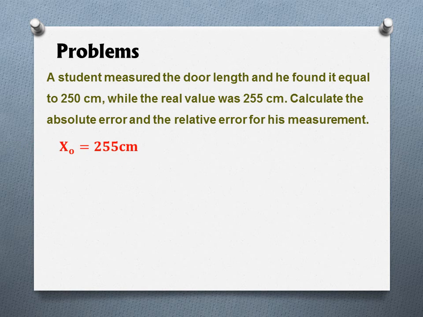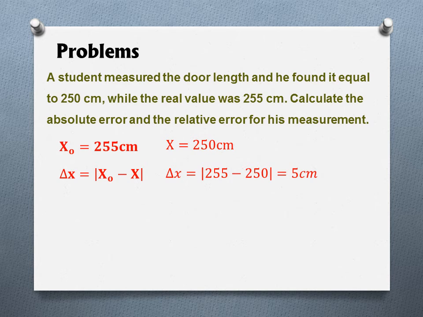To solve any problem, you write the given: the real value is 255 centimeters and the measured value is equal to 250 centimeters. To find the absolute error, delta x equals x naught minus x, always a positive value. Delta x equals 255 minus 250 equals 5 centimeters.